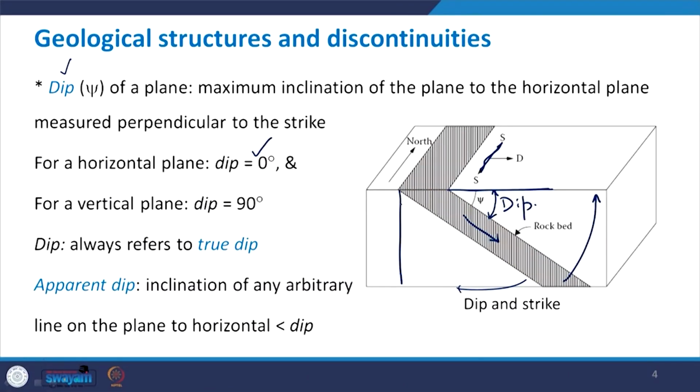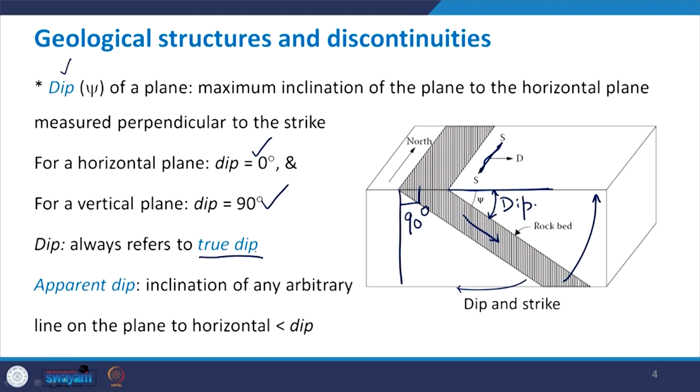Now this angle will become equal to 90 degrees, and therefore for a vertical plane the dip is going to be 90 degrees. Keep in mind that when I say dip, it means true dip. That means the term dip refers to true dip.